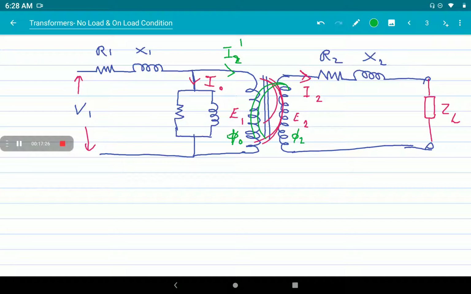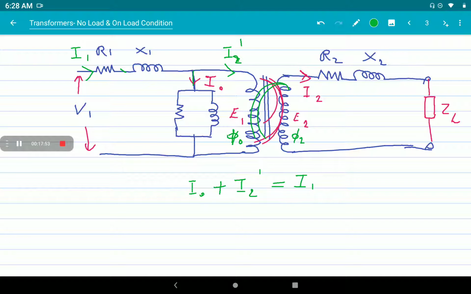So I0 plus I2 dash will give the total current I1. The total current I1 coming from the primary winding is the sum of the no load current I0, which is the core current, plus an extra current produced in the primary when it is loaded.